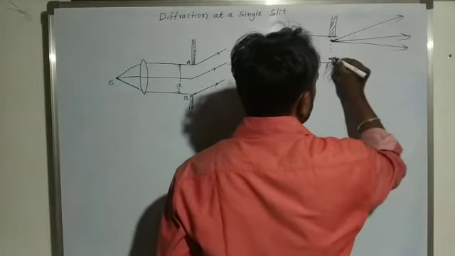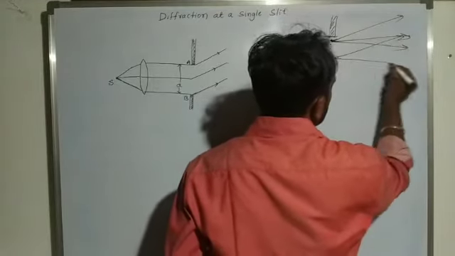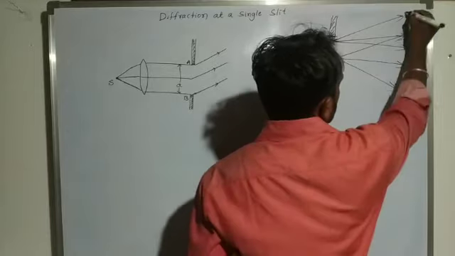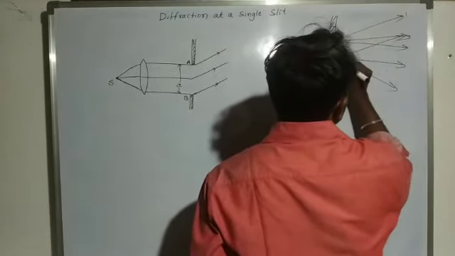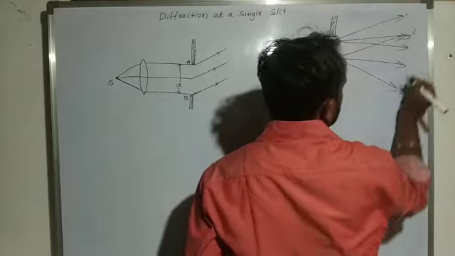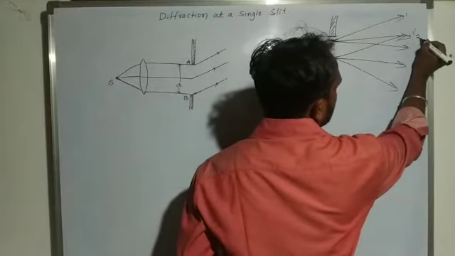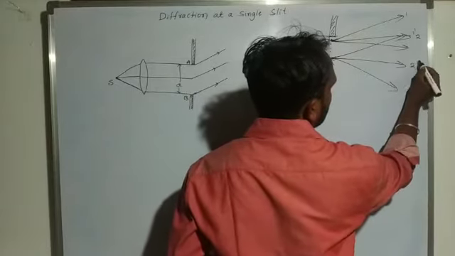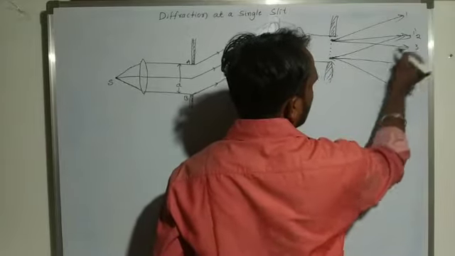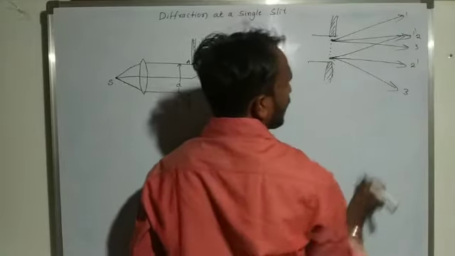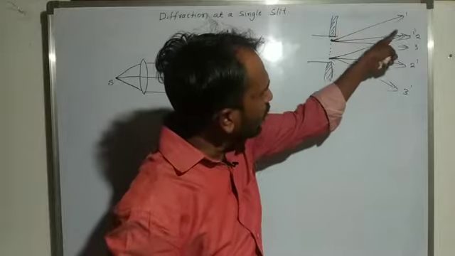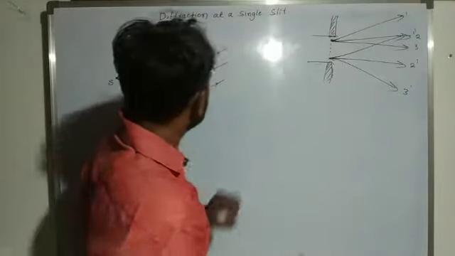Suppose this one is 1, and this one is 1 dash, this one is 2, and this light ray is 2 dash, and this one is 3, and this one is 3 dash. Here 1 and 1 dash, these two are parallel to each other.